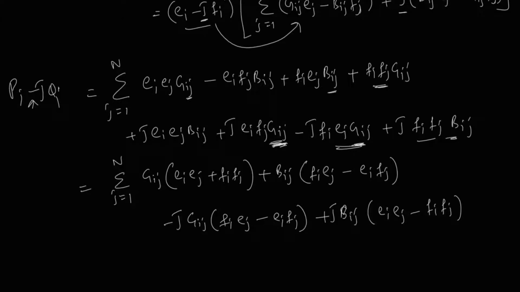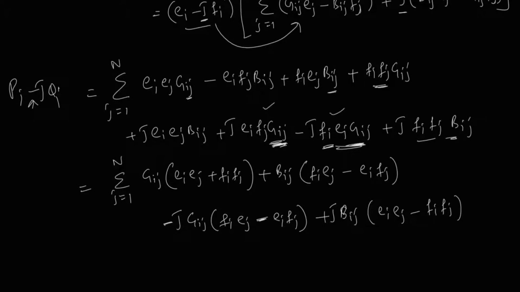Gij and Gij, these two terms. So I am taking minus Gij outside. Minus Gij outside means now the first term will be Fi Ej, and this is a plus term, so I put minus here. Now Ei Fj. So these two terms completed, right?